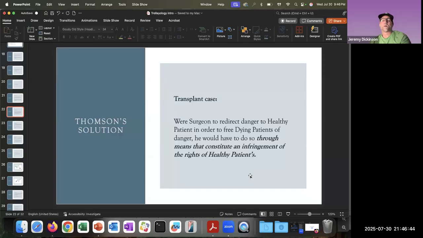So we know what the rights infringement would be. In this case, it would be forcing the healthy patient to sacrifice his organs by having those organs harvested against his will.